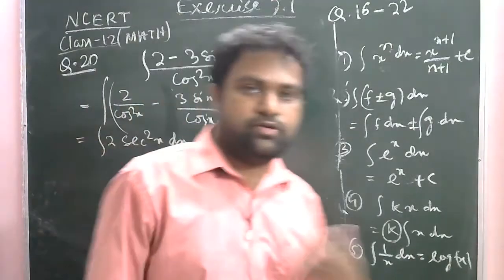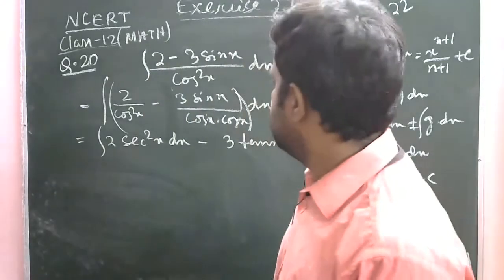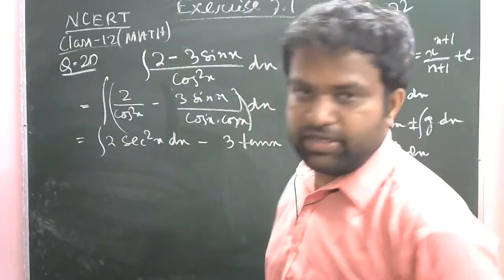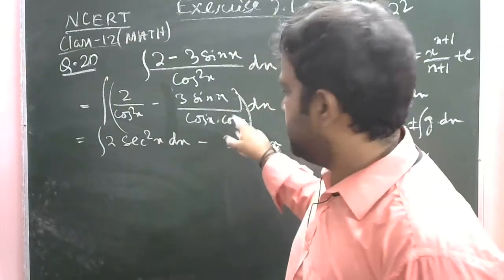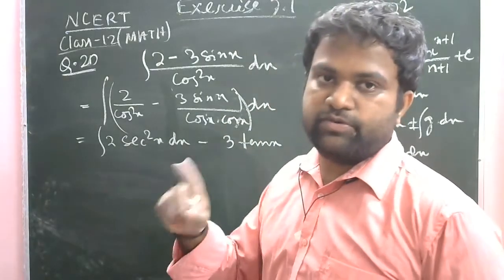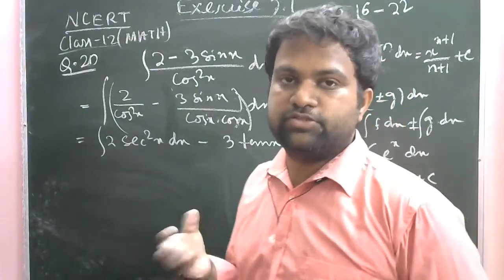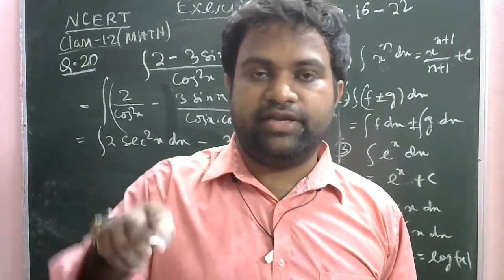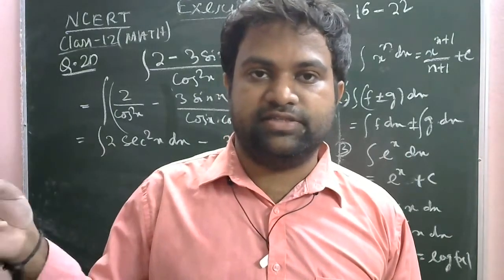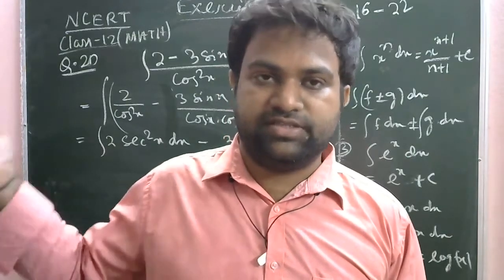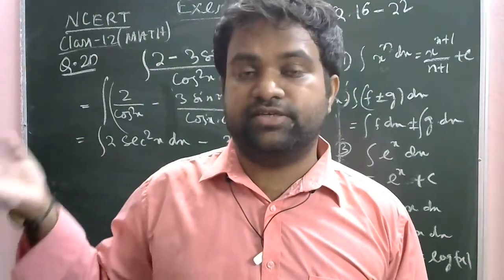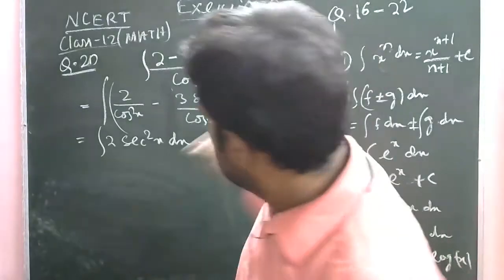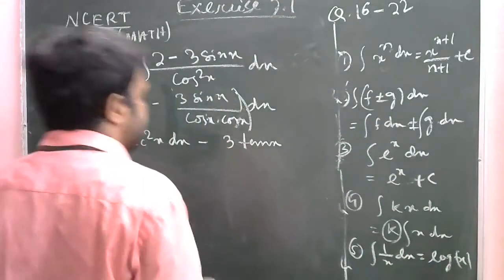When you practice, you can also see this. So tan x into sec x is known to us: the integration of sec x tan x is sec x. That's why I can convert it into that form.